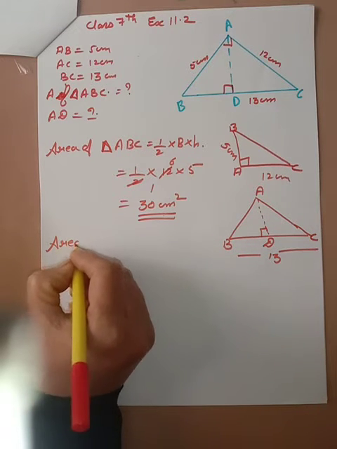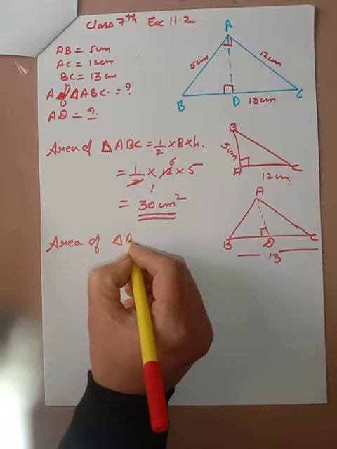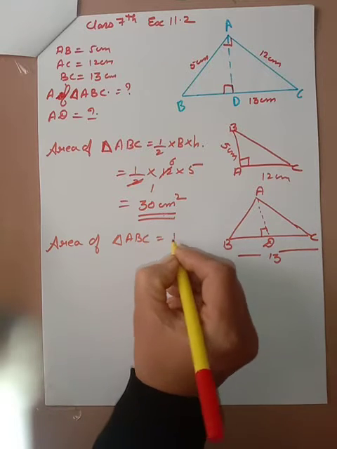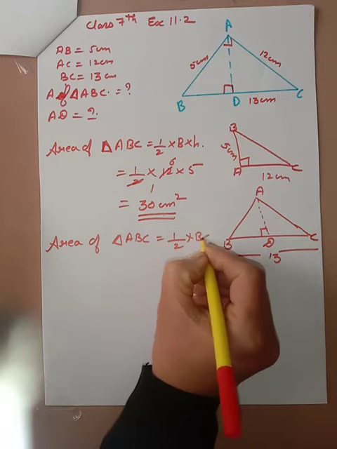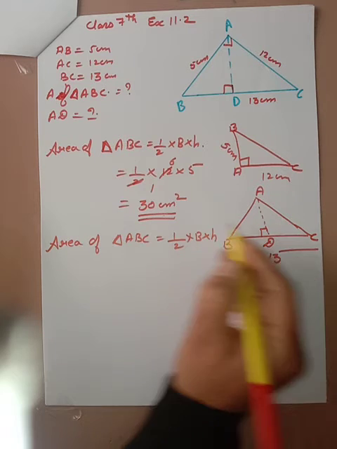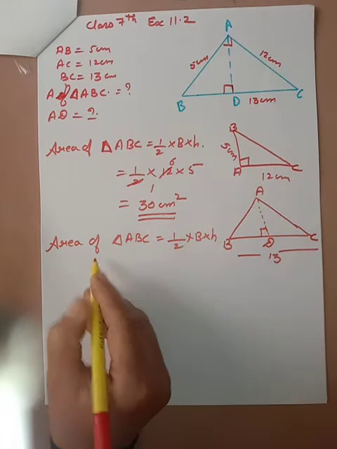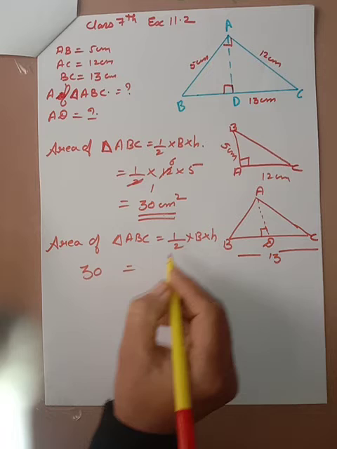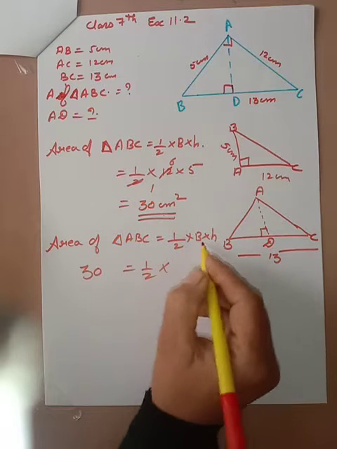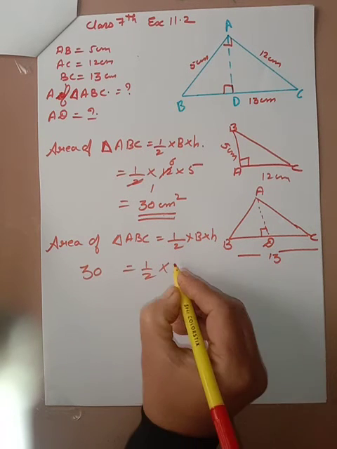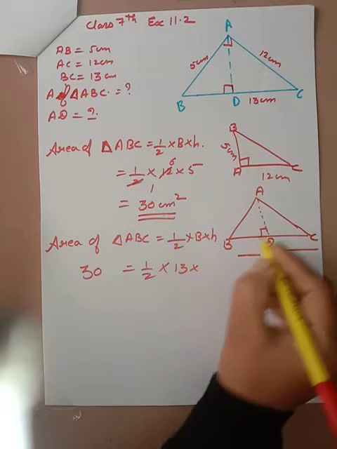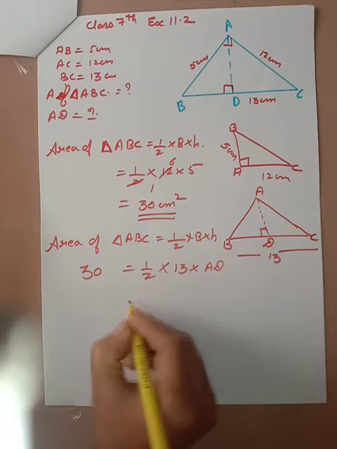तो then area of triangle ABC is equal to again half into base into height because 90 degree है. But this time हमारे पास area है 30, half, base कितना है, this time we'll take base 13 and height we have to find, that is AD.